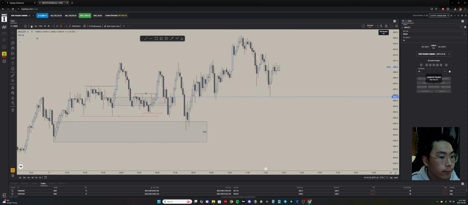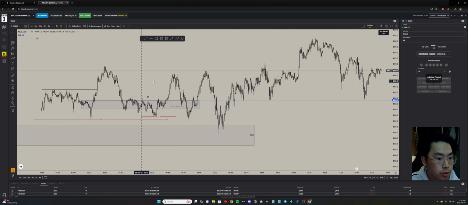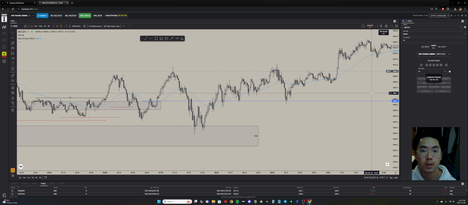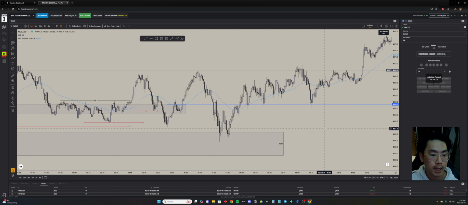Now, looking at the 1 minute with the EMA, in this case, we couldn't have done an order limit. It would have had to be either a 5-minute candle close or a 1-minute candle close above the EMA and the PA level.